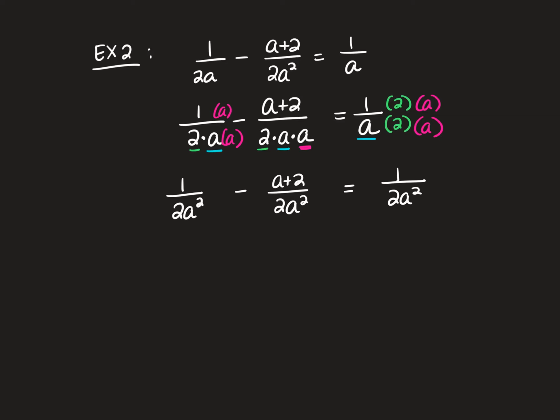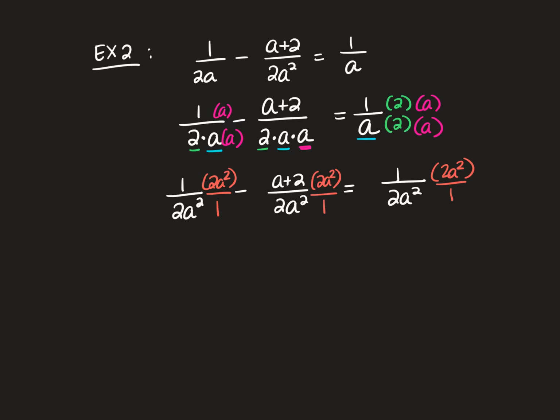So at this point, I'm going to multiply all of my terms by 2a squared over 1. I'm not writing the step where I put it out in front of the whole equation, but I'm multiplying everything by the same number, and I'm allowed to do that when solving an equation. So I've got 2a squared being multiplied by each of those fractions.